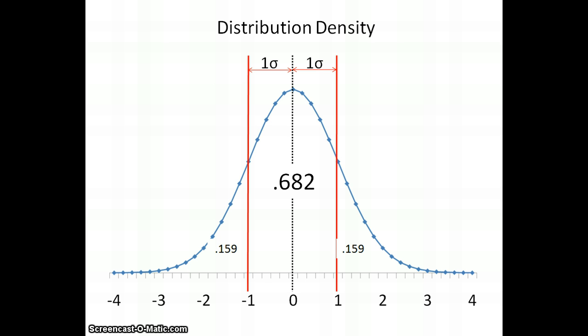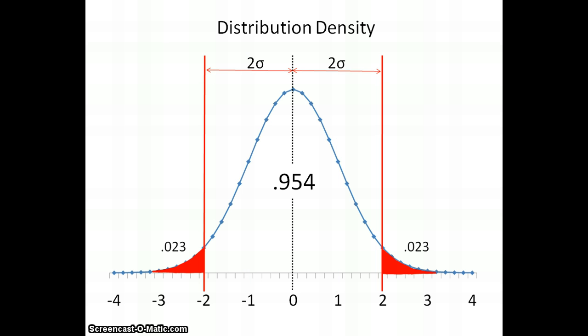So if we now draw a line that's one standard deviation, or 1 sigma, from the mean on either side, then that area of the density distribution will account for 68.2% of all the expected variables. So a variable has about a 68% chance of being within 1 standard deviation of the mean. So this can help us to predict what the performance of our turnaround time process will be.